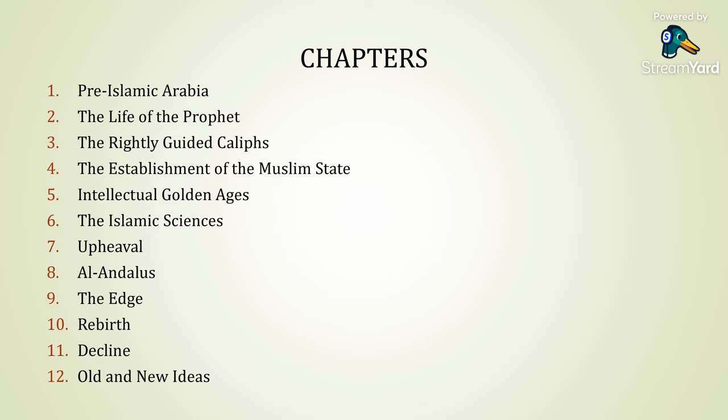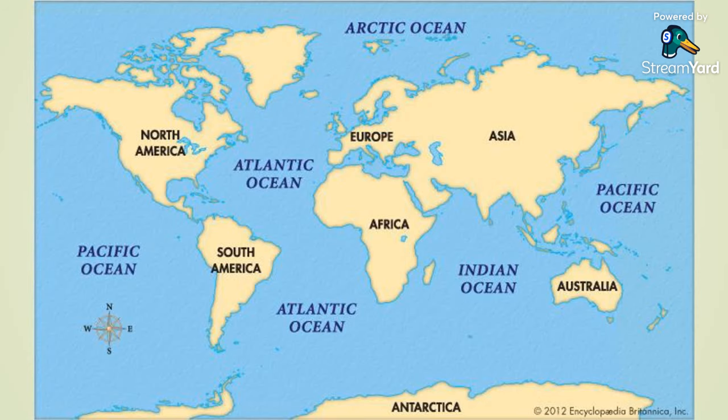But before we go into the history, let's focus on the map. We should be able to know what we are talking about on the map, so that we actually have the real sense of geography. So this is the world map. I just wanted to show you the different continents there, and also the direction.